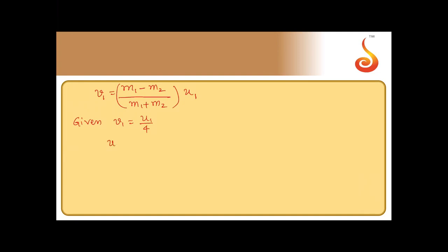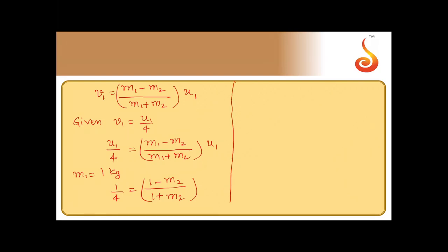So, it will become u1 by 4 is equal to m1 minus m2 divided by m1 plus m2 into u1. We know that m1 is equal to 1. So, u1 gets cancelled, you will get 1 by 4 is equal to 1 minus m2 divided by 1 plus m2.